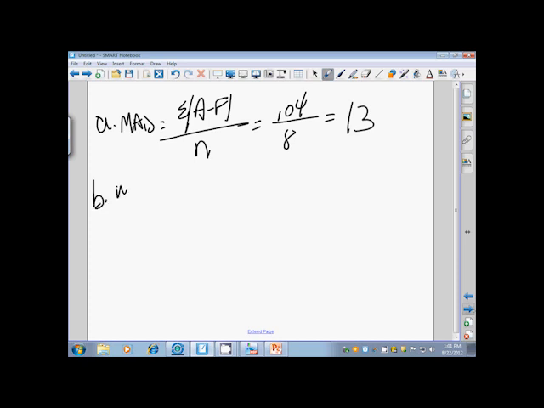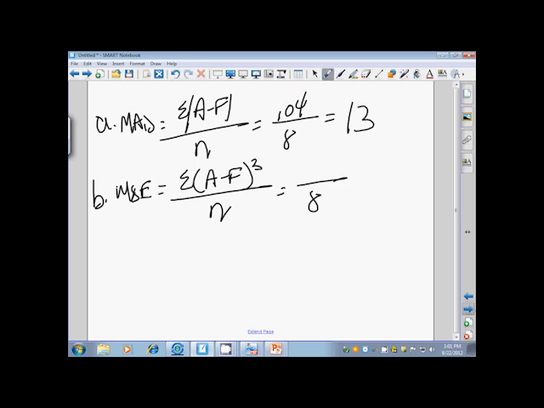B looks at MSE, mean squared error. And again, this is the sum of the actual minus the forecasted squared divided by the number of weeks. Again, the number of weeks is 8 that we're looking at here.